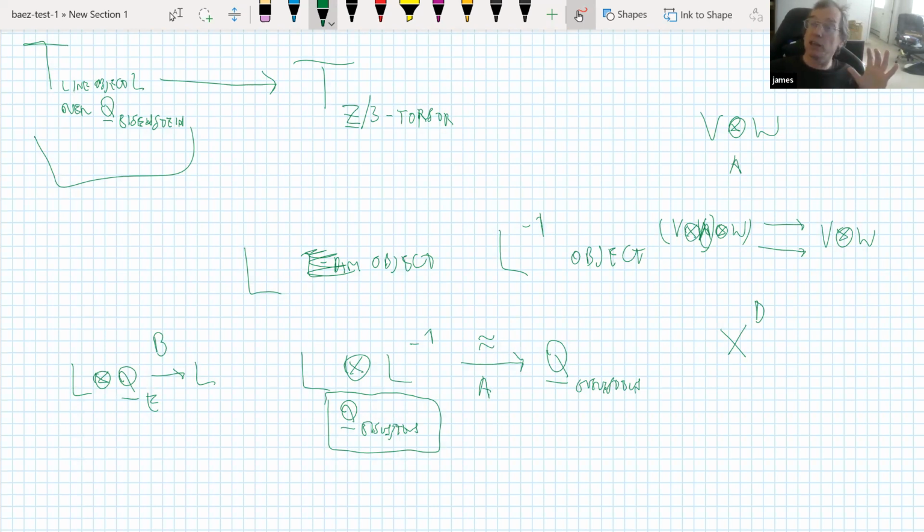But you've got a left adjoint and a right adjoint to it. One says, from the bundle, take its sections. And the other one says, from the bundle, take its total space. The total space is like the left adjoint, and the sections is like the right adjoint.